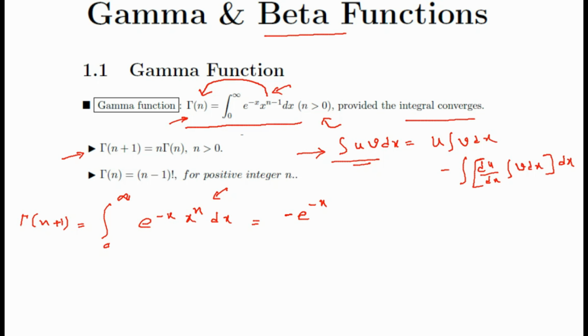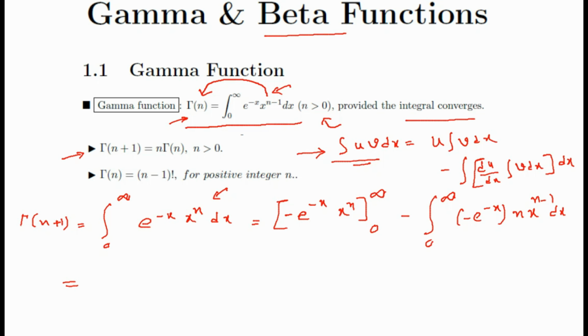So you get minus e power minus x times x power n from 0 to infinity, minus integration 0 to infinity of minus e power minus x, then differentiating this, we will get n x to the power n minus 1 dx.